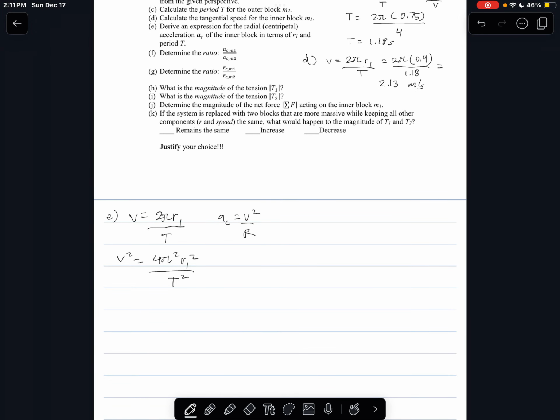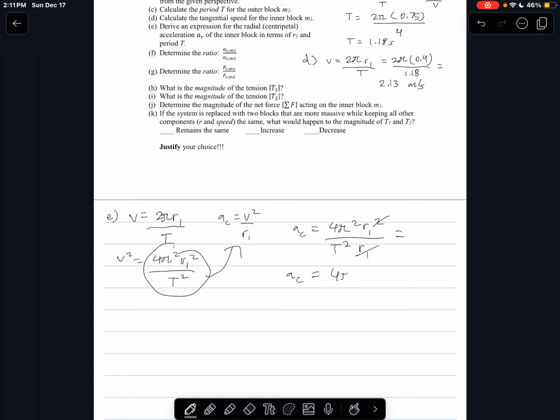Then I divide by R1, so AC is going to be 4 pi squared R1 over T squared.